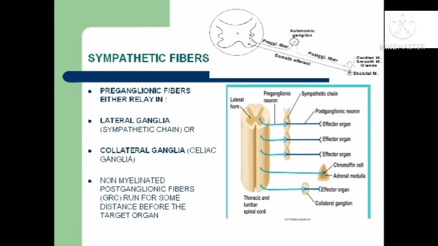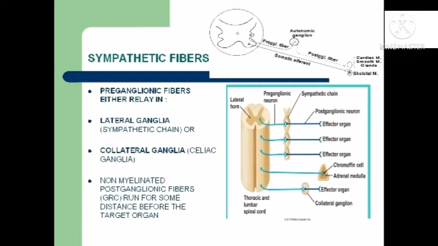The sympathetic fibers either relay in the sympathetic chain ganglia, and the postganglionic fibers leave toward the effector organ, or they do not synapse in the sympathetic chain ganglia and synapse somewhere in the collateral ganglia, and the postganglionic fiber leaves toward the effector organ.